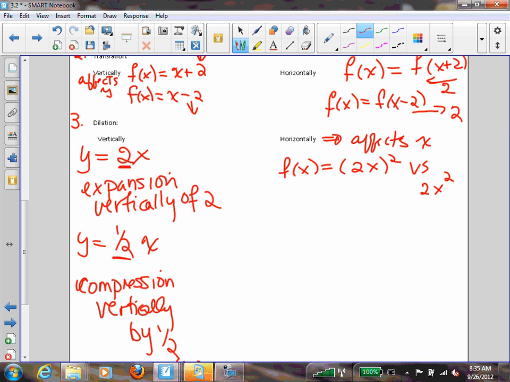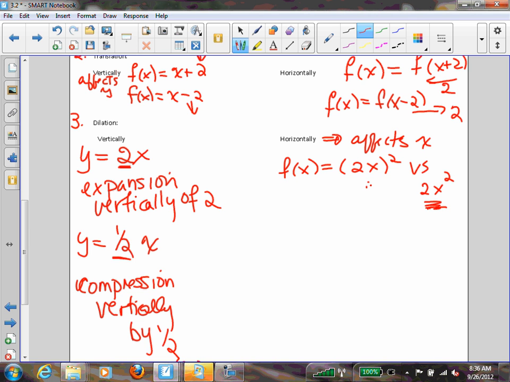Whereas in this one, I'm going to square the x first, and then I'm going to take that answer and multiply by 2. Do you understand the difference of where this 2 is being placed? Because that's what's going to give you a hard time. Okay? So this is going to be vertical, but this is horizontal. Okay? So if I take my value and I multiply it by 2, this is kind of the opposite, just like a vertical or a horizontal movement is opposite of what's going on.